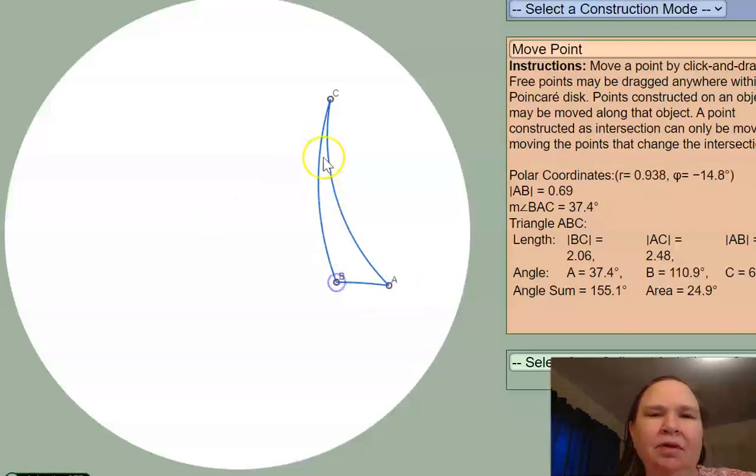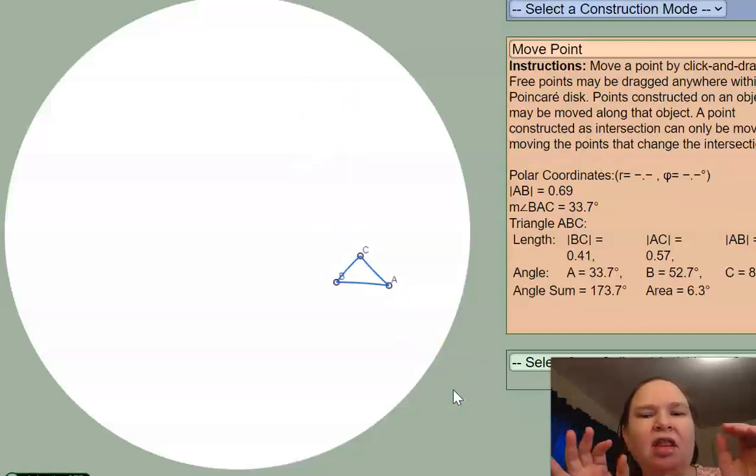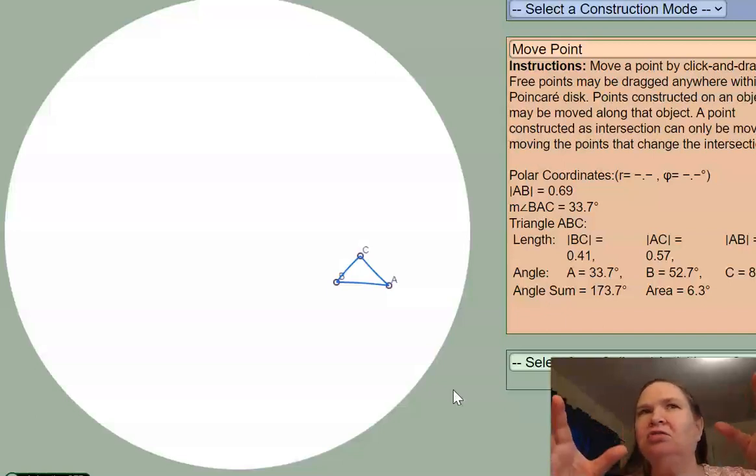So I'm going to put A and B really close together, and I'm going to bring C over really close to them. And when I have those points really close together, it looks like a Euclidean flat straight triangle. So that's a thing to notice. Triangles look more normal on a hyperbolic plane if they're really small.